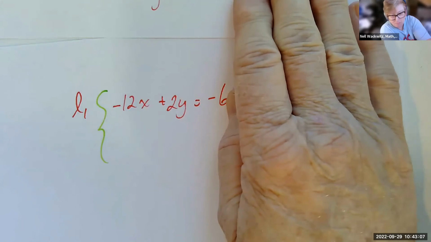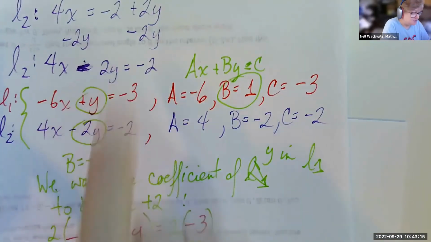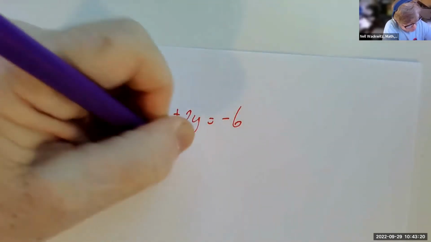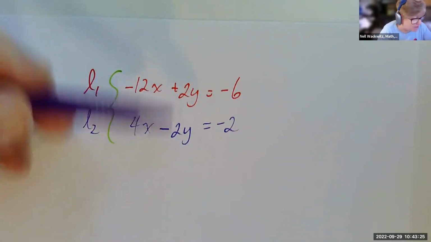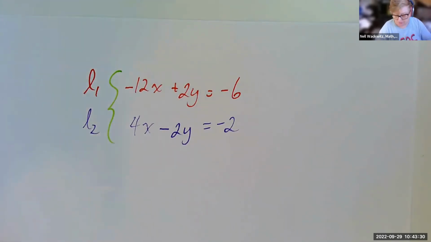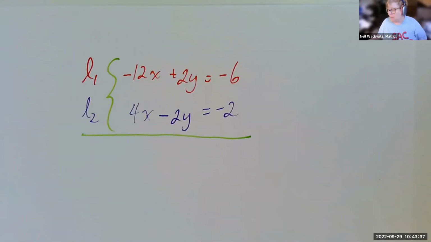And line 2 is still 4x minus 2y equals negative 2. Groovy. Now that we have one of the coefficients in the two equations matching but opposite sign, what can we do? If we had added earlier, would we get one of the variables going away? No. Exactly right.